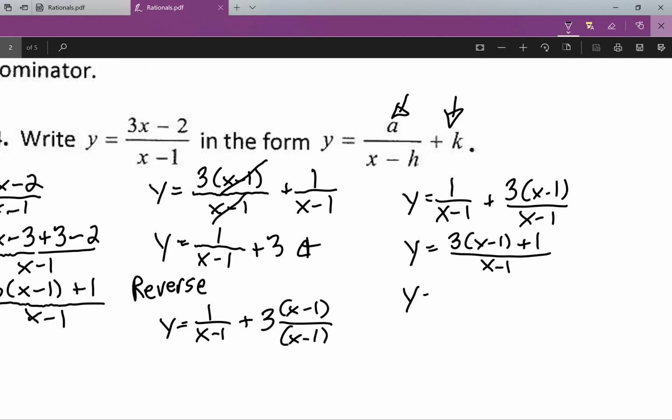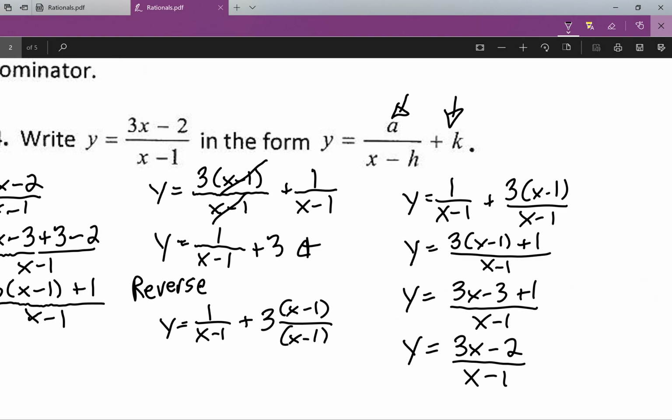Expanding this out, I get y equals 3x minus 3 plus 1 all over x minus 1, which will give me y equals 3x minus 2 all over x minus 1. And if we look, we will see that was the exact statement or function that I started with. So we can do this in the forward order, or we can do this in the reverse order.